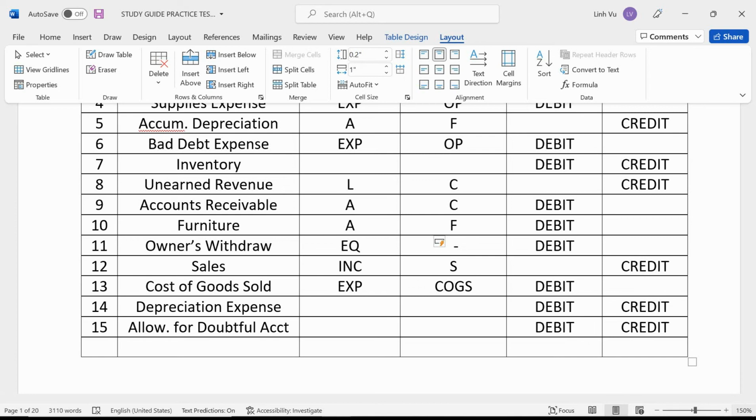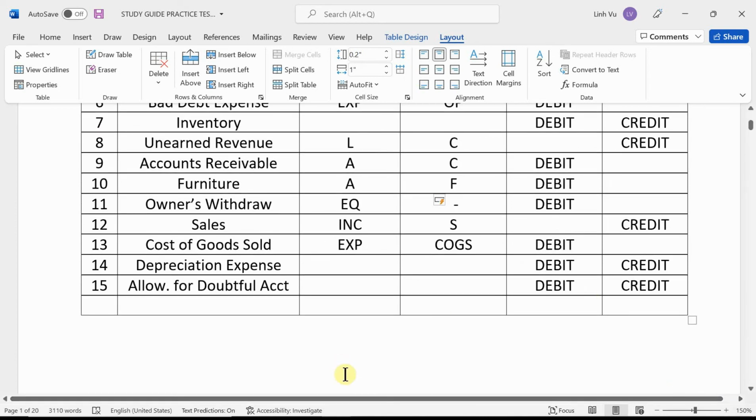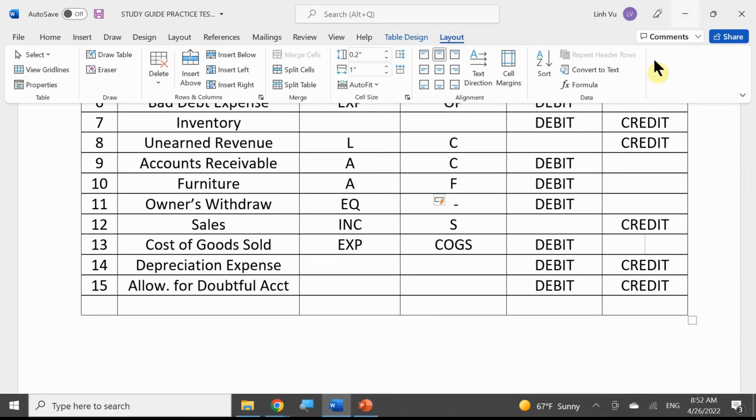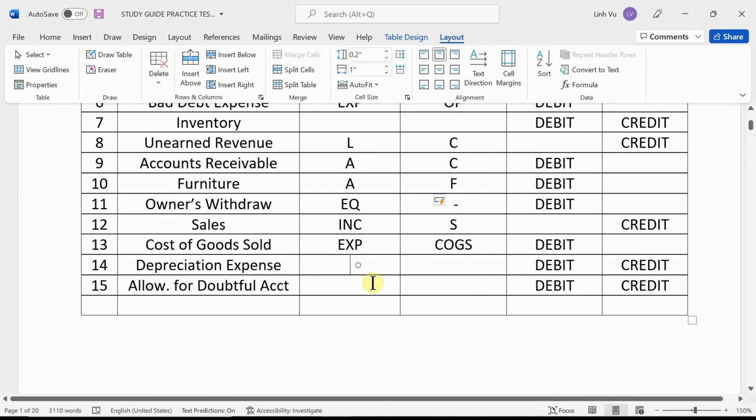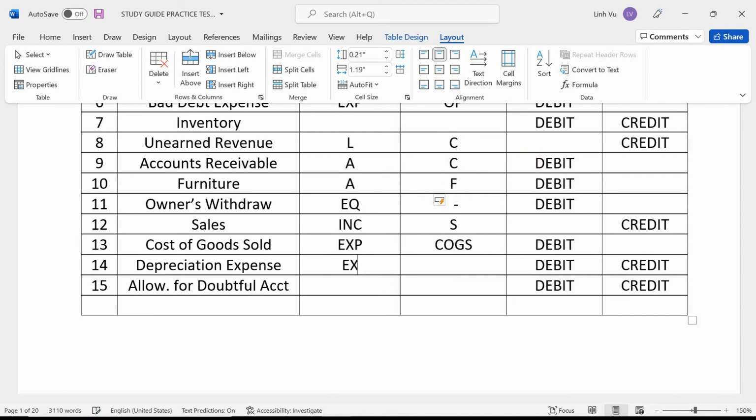Okay. Depreciation expense. Expense. Now, what kind of expense would that be? Fixed. Not fixed.